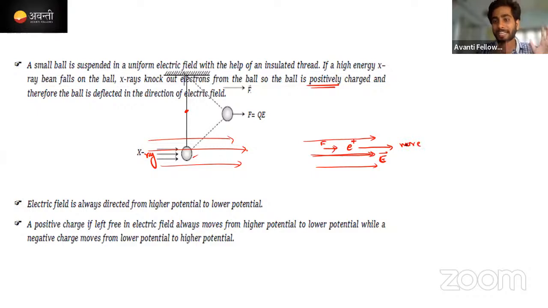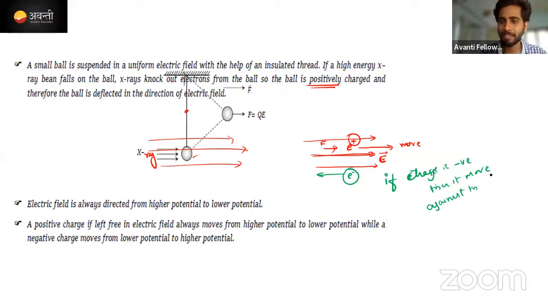If it is a positive charge, it moves along the electric field. If it is a negative charge, it moves opposite to the electric field. Keep this point in your mind. Write this down: if the charge is negative, then it moves against the electric field. Simple concept.